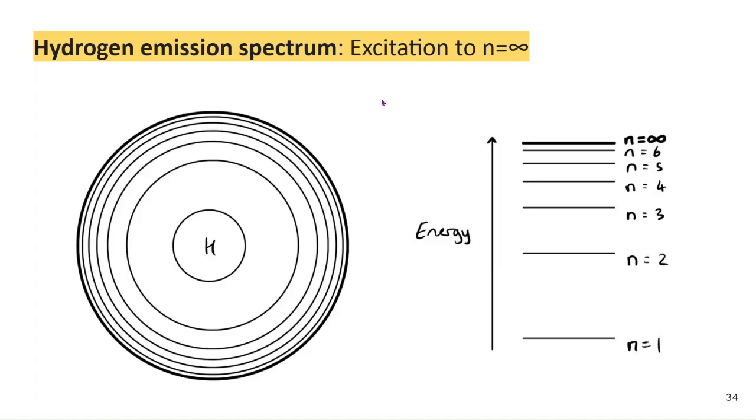It has enough energy to completely leave, because these energy levels have converged to this point. So if it gets enough energy to reach there, it will just leave. And then you form a positive ion in that case. So n equals infinity is the edge of an atom. Get enough energy to get there, you can leave.